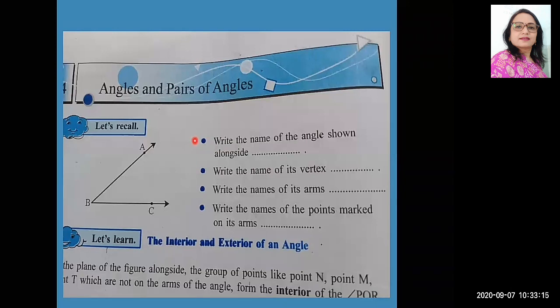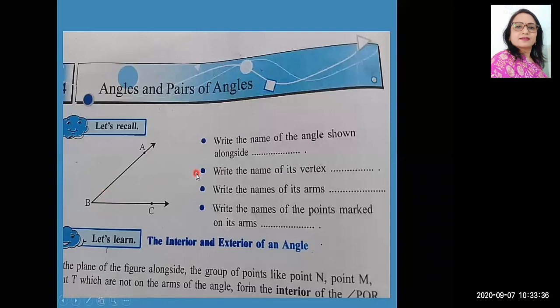Come on, write it. What is the name of this angle? Yes, very good. Angle ABC or angle CBA or angle B. Very good children, very good.